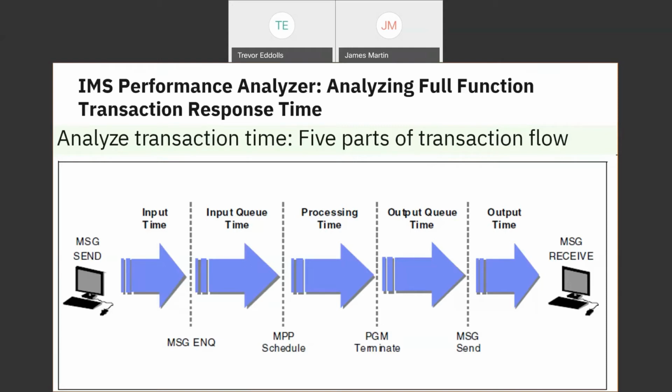So a lot of times when I see an IMS total time that's pretty high, but then I delve into the individual aspects and see input, processing, and output queue time in IMS is good, I immediately go to, were there other subsystems involved? Because the total time can be affected by that, whereas the other three aspects are not. Those are strictly IMS aspects.